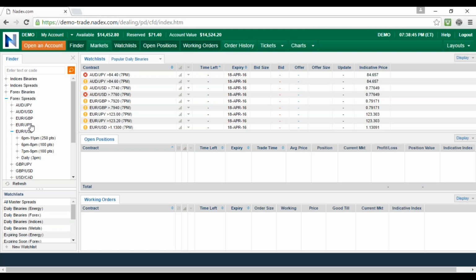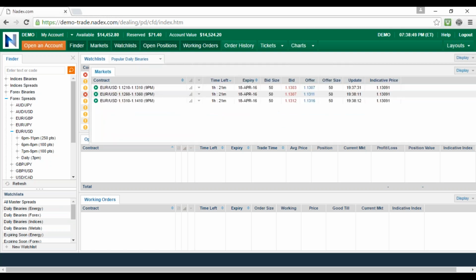Okay, now let's take a look here. Let's take a look at these 7 to 9. All right, notice there's 3 different spreads. See that? Okay, and I've asked this question before. Some of you probably know the answer to it, but as far as how do these spreads work?